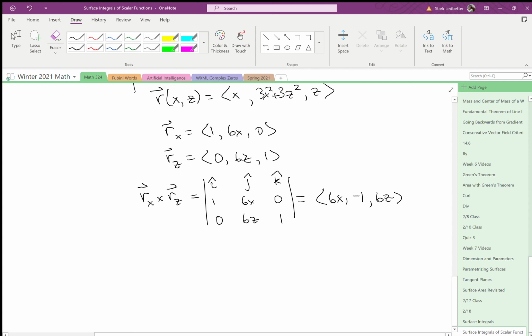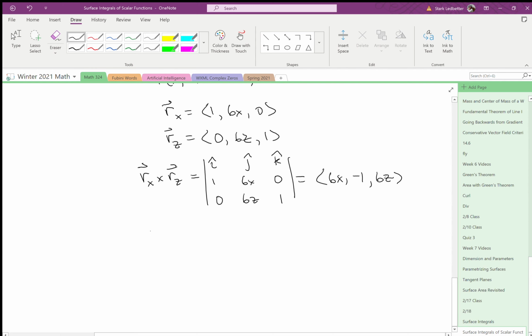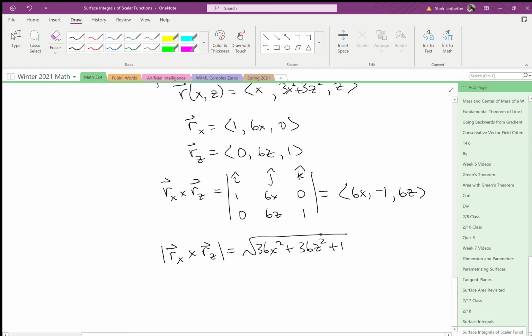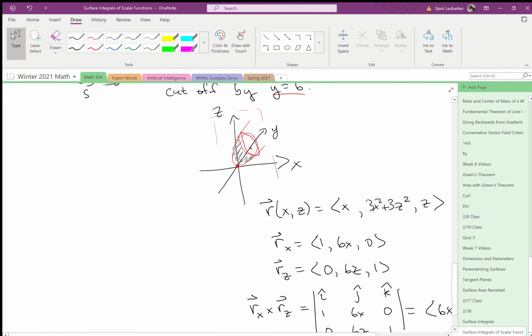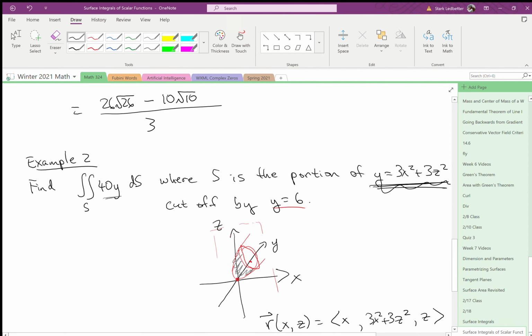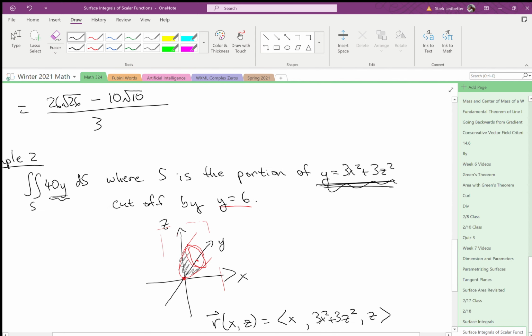And so then the magnitude of the cross product, r_x cross r_z, is the root of 36x squared plus, I'm going to change the order to make this look a little better, 36z squared plus 1. Okay, and then I need to look back at my original integral. It was 40y, and y was this thing.